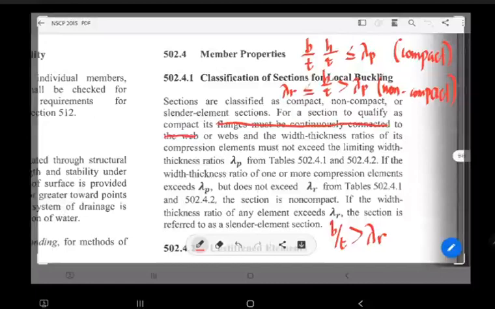So if it exceeds lambda r, then that element is now slender. Ito yung slender element section. Okay, yung tatlong yan.